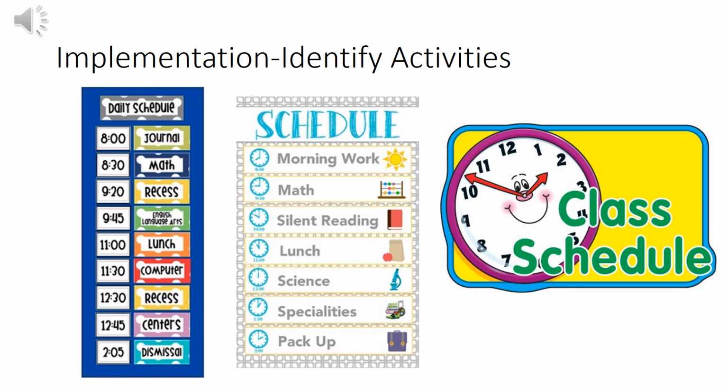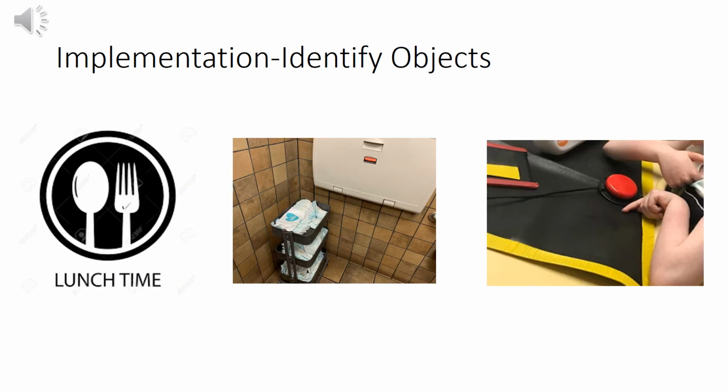The first thing that we did is we looked at her day at school and we tried to identify things that she did every day that we could easily find symbols or partial symbols for to include in her schedule. Things like this included bathroom, morning meeting, lunch, etc. Once we had our activities we wanted to highlight during her day, we tried to find objects that she could easily correlate.